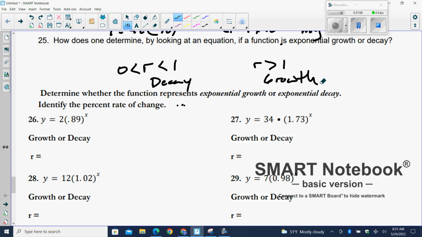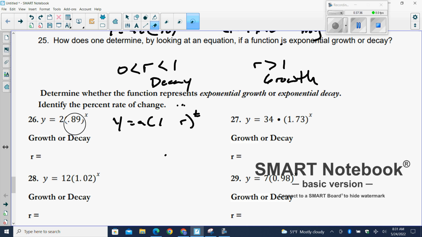All right. Now, question number 26. Based upon what we just said, look at this equation and ask, is this growth or decay? Remember, this is y equals a times 1, either plus r or minus r, depending upon growth or decay. So this piece right here is either 1 minus r or it's 1 plus r. It's less than 1. So I know it's decay.